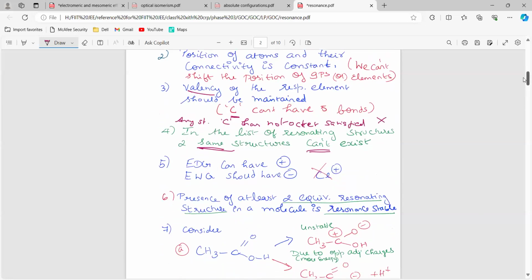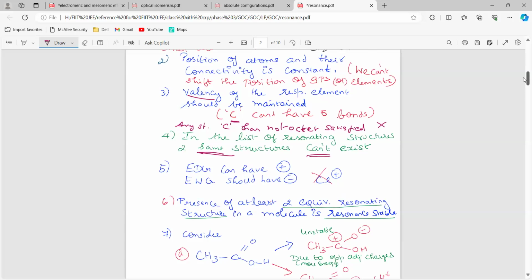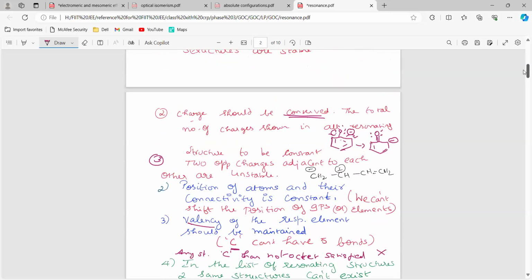Next one, electron donating group can have positive. Electron withdrawing group. Tell me, ma'am. Ma'am, if there are structures like methyl carbocation, methyl carbanion, and methyl radical, which is more stable?